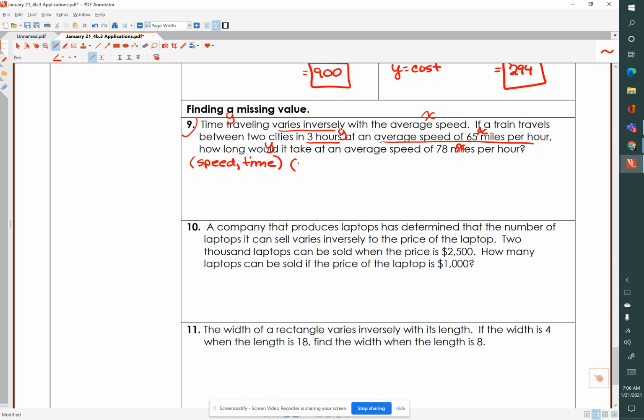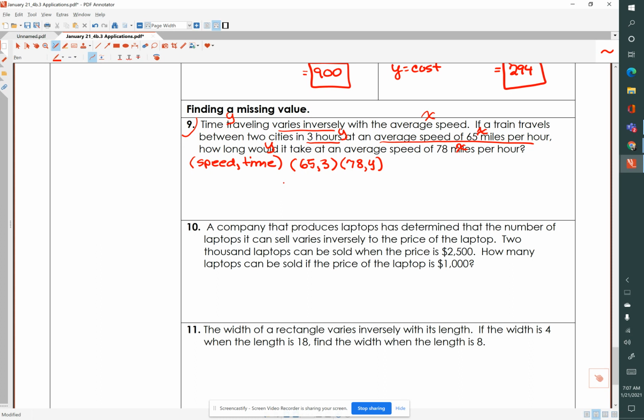So we will have 65, comma 3, first set of ordered pairs. The second set of ordered pairs would be 78, then we have our unknown y. So this time, remember, the constant of variation equals x times y. So we're not going to set up a cross product.